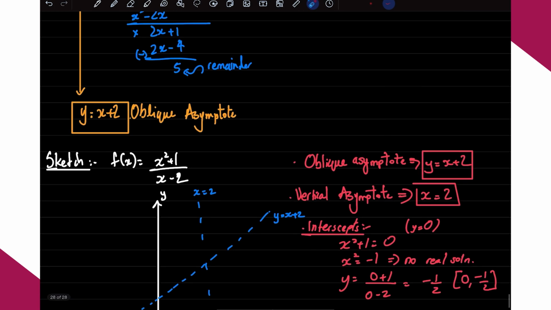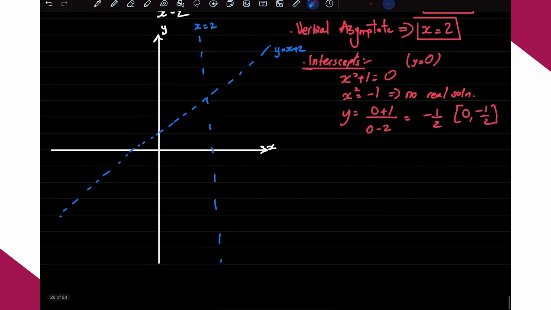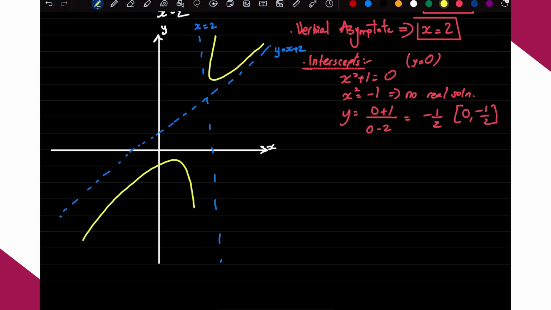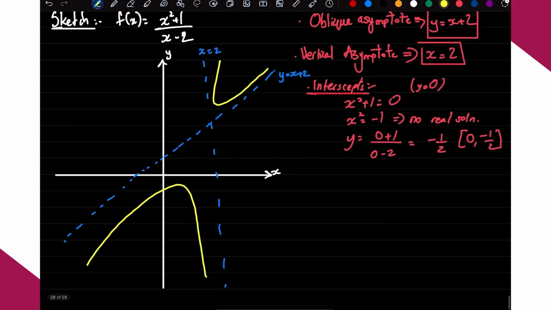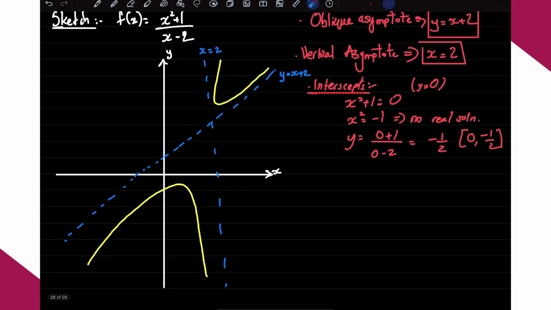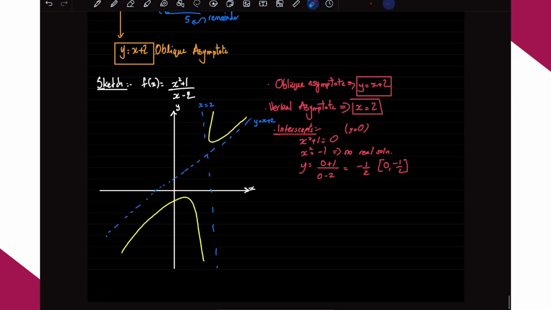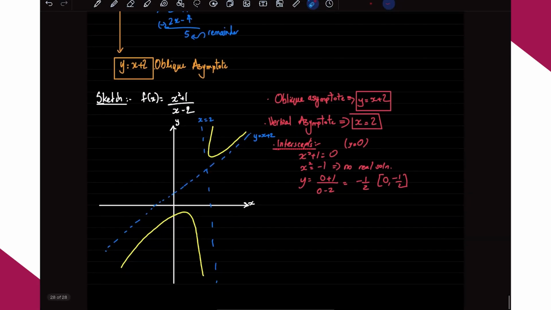Let's do the differentiation, or directly sketch a graph. See, if I were to just sketch a graph, this would look something like this. And I would say that, all right, this is where it's intersecting, and probably like this. But it's always better to see if we have any turning points. In that case, the turning points are going to be this and this, if you want to find them, actually. But this should be the shape of the graph.